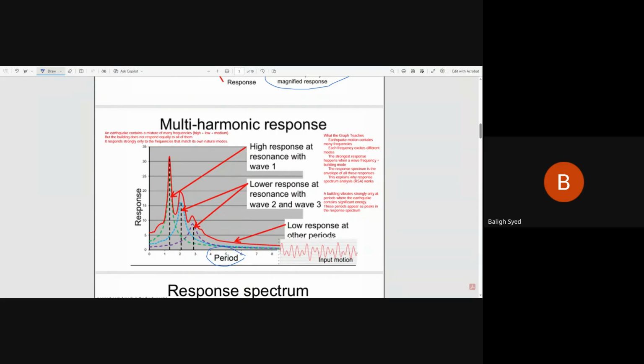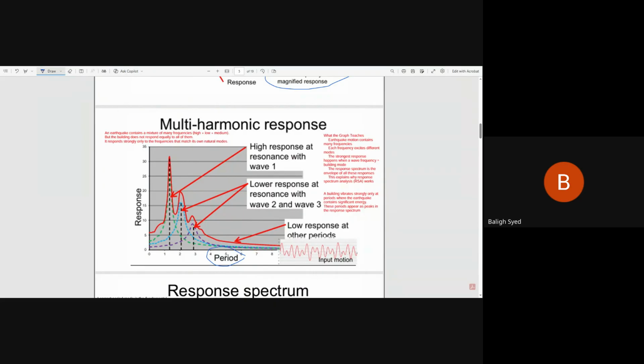Complexity, less complex system, soft system, hard system, semi-rigid, semi-soft system, everything is mixed in nature. So an earthquake contains a mixture of many frequencies: high frequency, low frequency, medium frequency, and these are the frequency ranges, right? But the building does not respond equally to all of them.